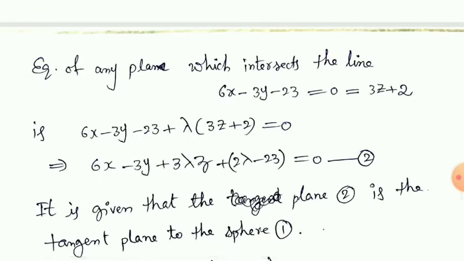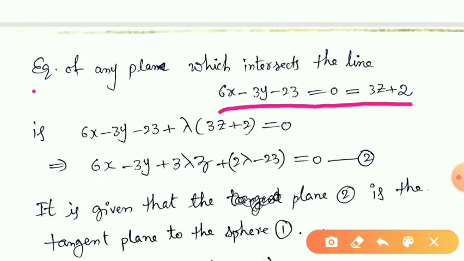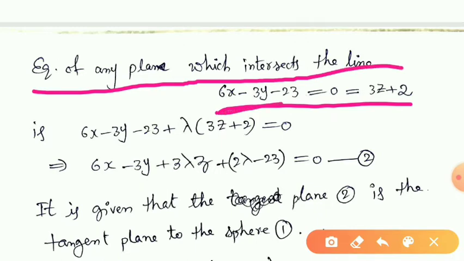Actually, this is the equation of the given line. So, the equation of any plane which intersects, meaning which is passing through this line, can be written like this.